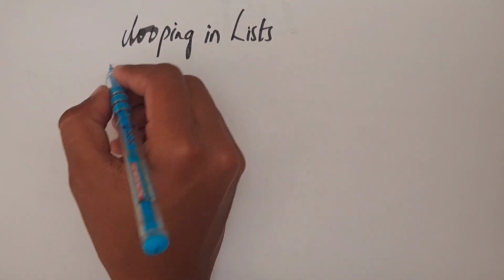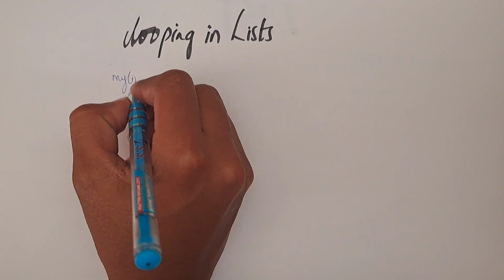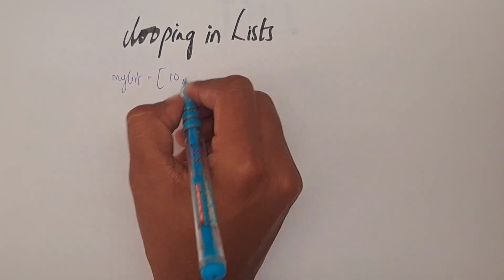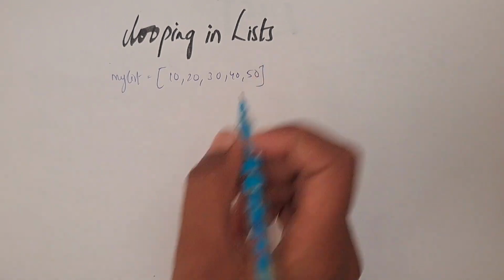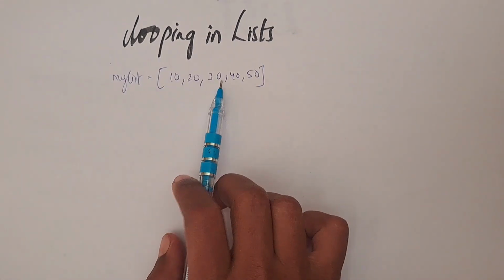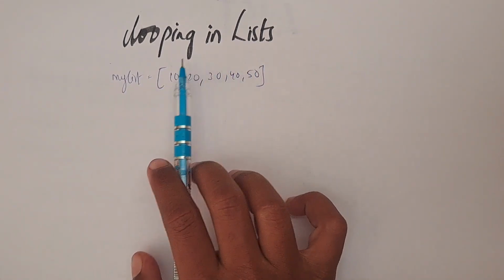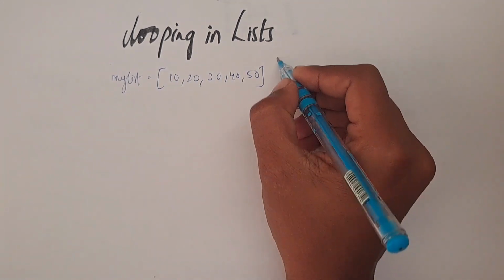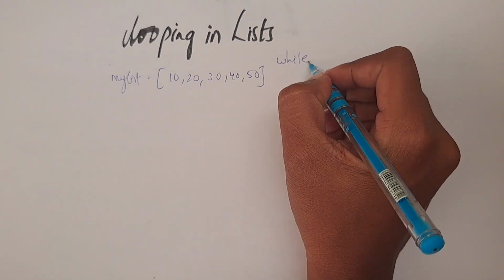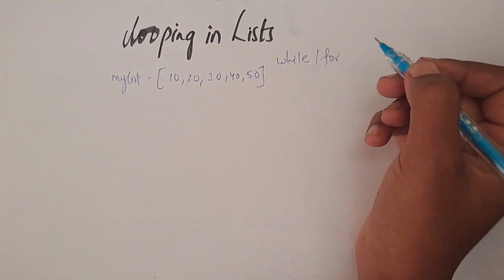For example, you have a list like my list is equal to, so you have this list. This can be done using the while loop or you can use the for loop.